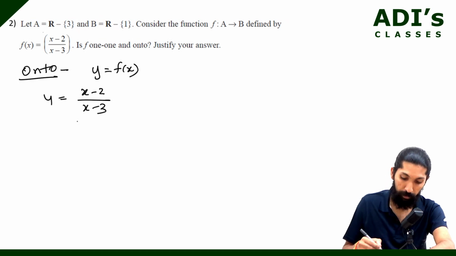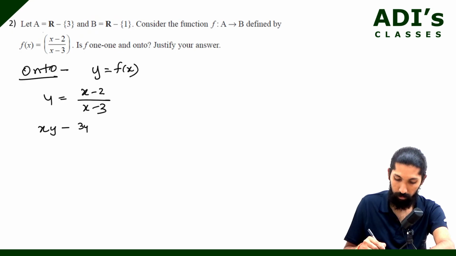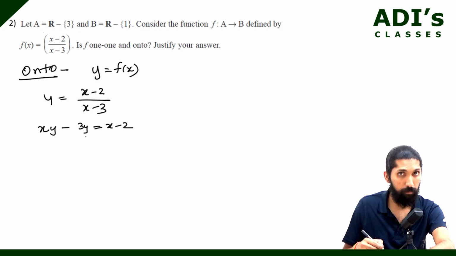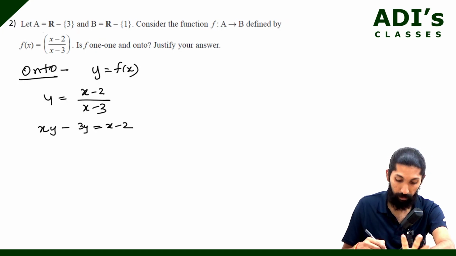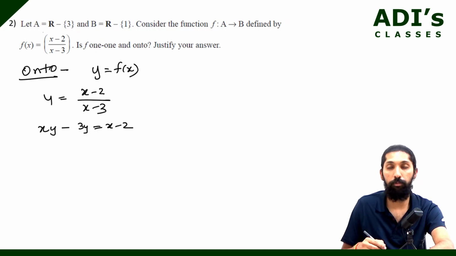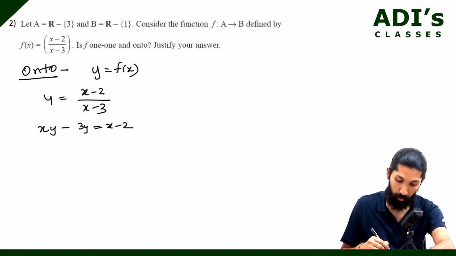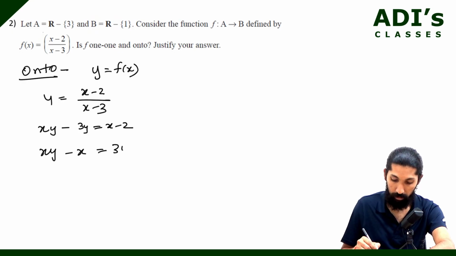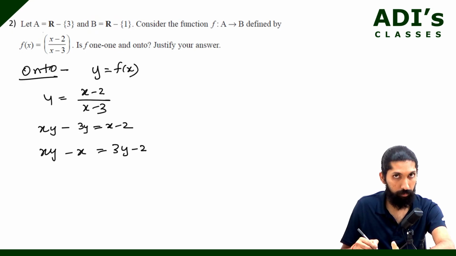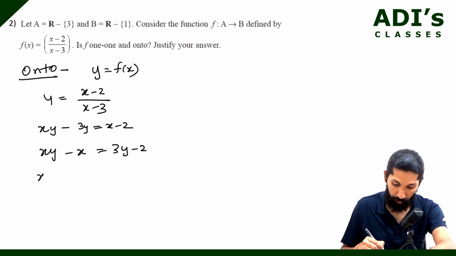Cross multiply: xy minus 3y is equal to x minus 2. So take the x value and y value, we need to separate both of them. So you can write xy minus x is equal to 3y minus 2. Correct. So x into y minus 1 is equal to 3y minus 2.